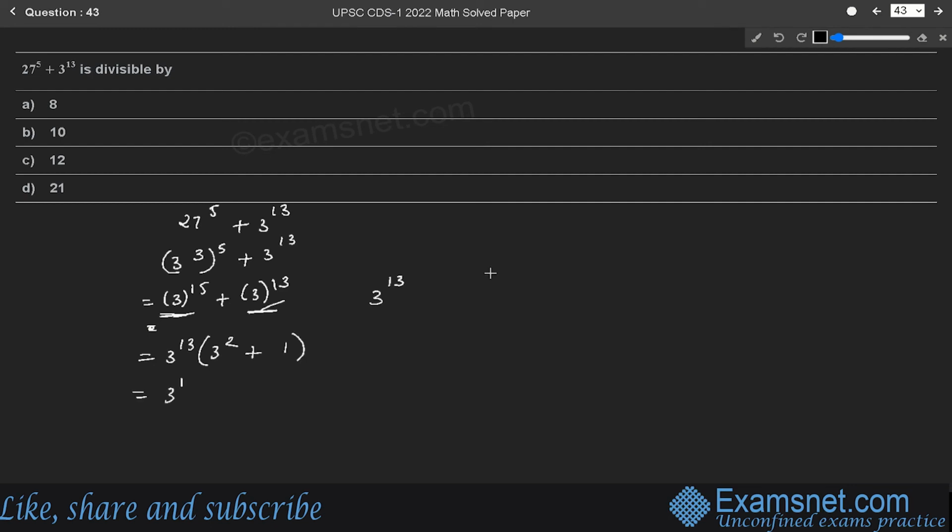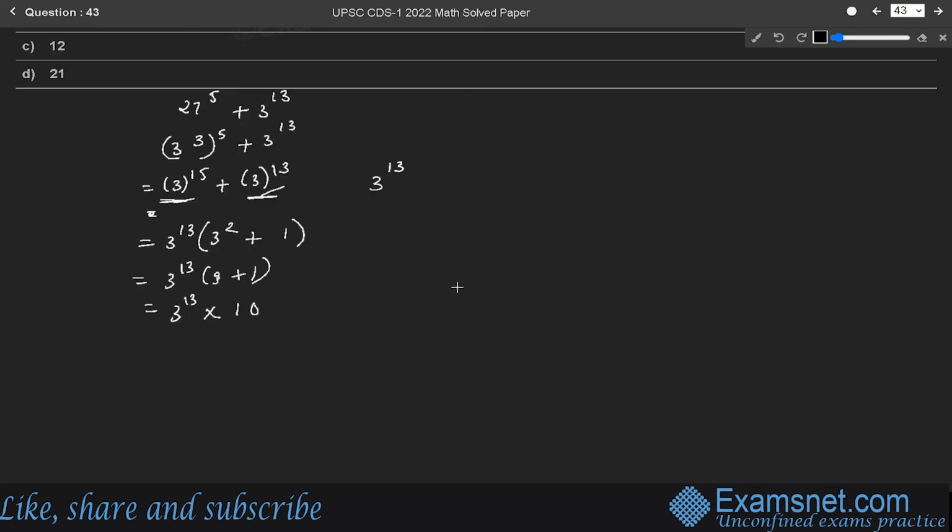So it will be 3¹³ into (9 + 1), which equals 3¹³ into 10. And therefore we can write 3¹⁵ + 3¹³ equals 3¹³ into 10.